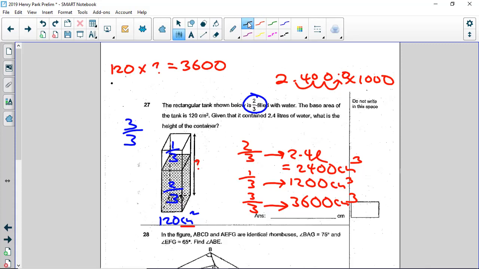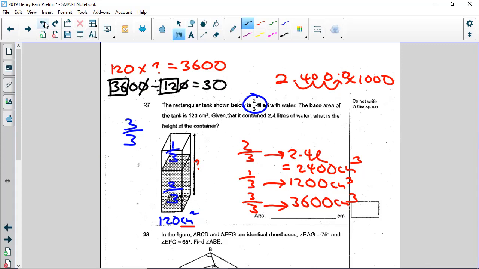No calculator again. So you will have to cancel the zeros. Cancel 1 zero here, and here cancel 1 zero. Then you cover the 0 and take 36 divided by 12, you get 3, and then put the 0 behind.